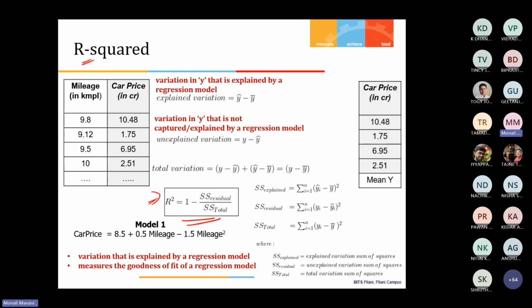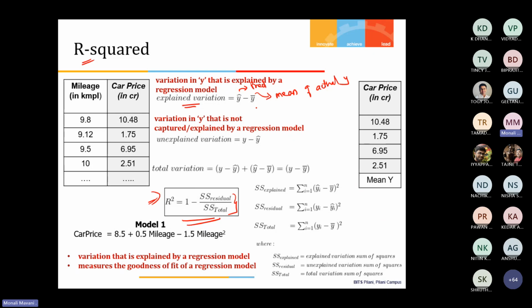And if you just see the explanation of the formula, explained variation: Y hat is a predicted value, and Y bar is the mean value of the actual Y. When we do this prediction minus mean, we call it explained variation.